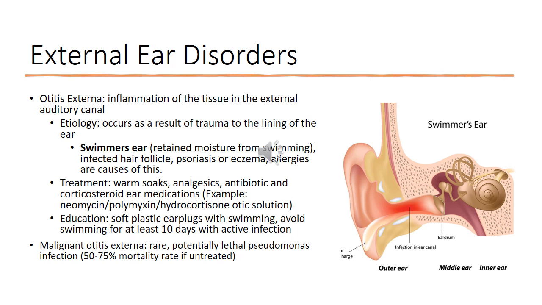We treat it with warm soaks, analgesics, antibiotics, and corticosteroid ear medications. Teach the patient to use soft plastic earplugs when swimming and to avoid swimming for at least 7 to 10 days until the infection is cleared. Malignant otitis externa is rare, and a potentially lethal Pseudomonas infection can occur.